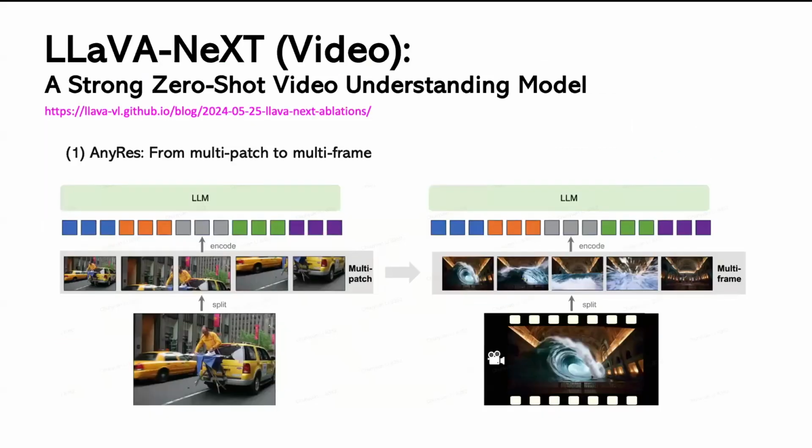Okay, now let's talk about video. This is the video workshop. Remember, we use AnyRes to represent the image, right? Which means that for an image, we divide it into multiple smaller images. And for the LLM, it actually sees several images. It doesn't know whether it comes from one image or from a video.